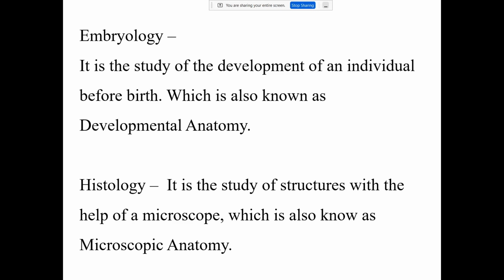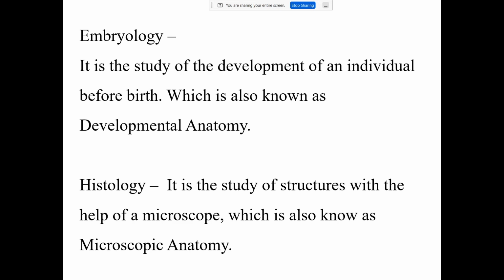So what is histology? Histology is nothing but the study of tissue. You already know that cells become a group and form a tissue. Groups of tissues become an organ. Groups of organs become a system. Groups of systems become the human organism. So those are the different levels.